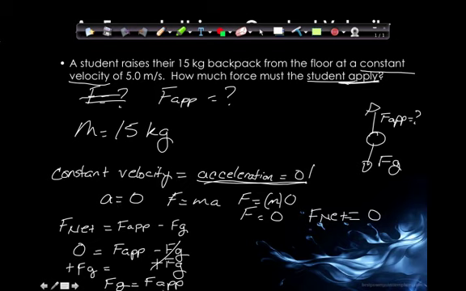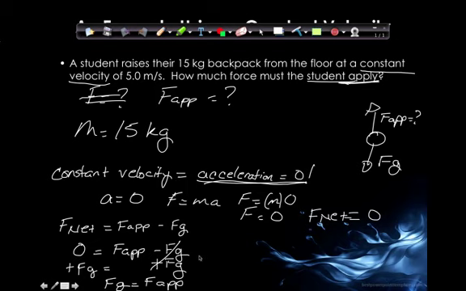So let me just simplify what we just did here. Because we're moving at a constant velocity, acceleration is 0. Since the acceleration is 0, the net force is 0. That means that your force of gravity is equal to your force applied. They are equal to each other because we're moving at a constant velocity.